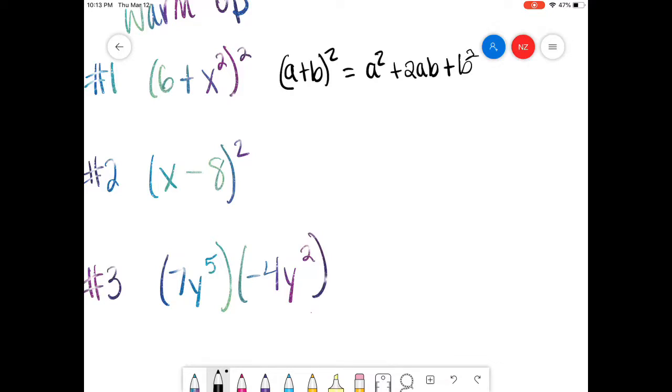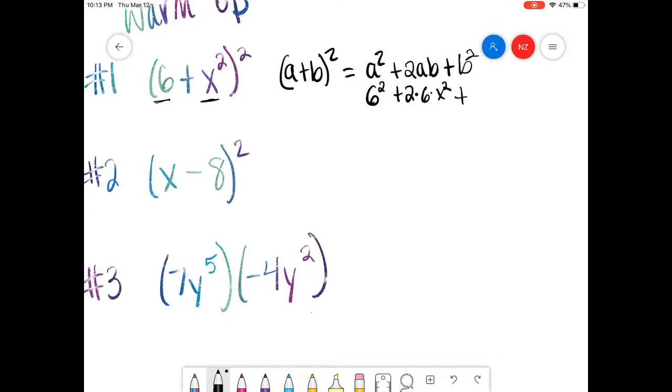So in this case, 6 is a and x squared is b.